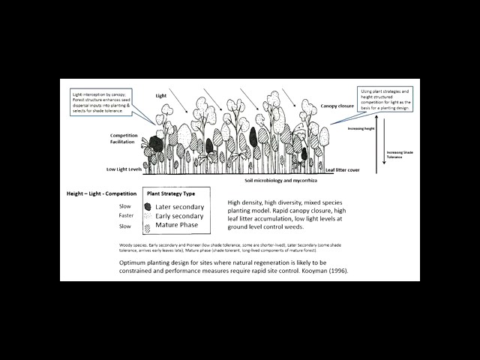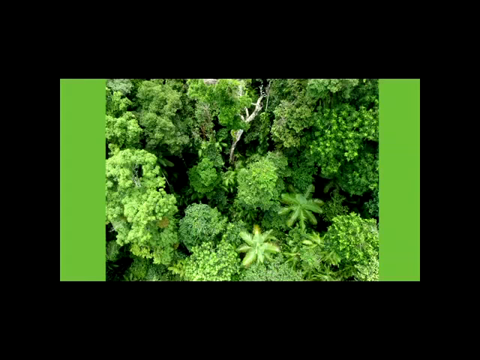The low light levels at ground level, the accumulation of litter, the canopy closure, the shading, the differential height gain by virtue of shade tolerance, the range of life forms, but also, of course, leaf sizes, seed sizes. All of those sorts of things converge by allowing traits to inform your decision making in terms of plantings and management of locations.